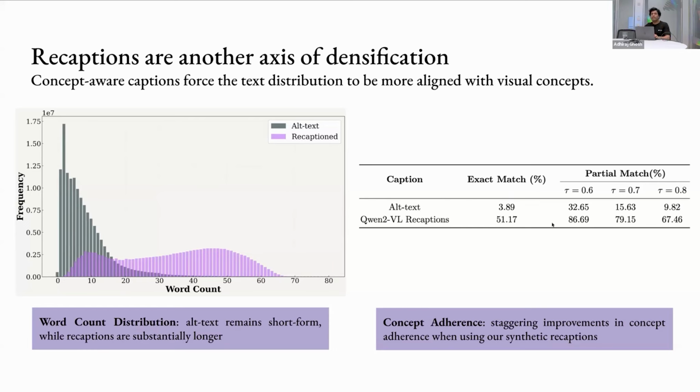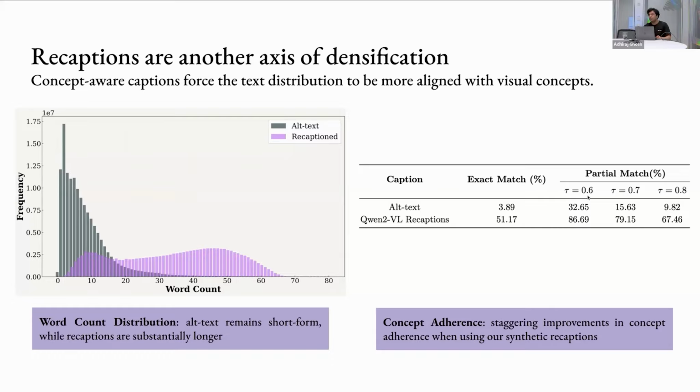We also show on the right that there's a much higher concept adherence. What we do is we take the text and try to match it with the concepts that have been detected for that sample. There's an exact match of about 4% for the alt text, which means it's very poor. We made it a bit more relaxed to see if there's a partial match.